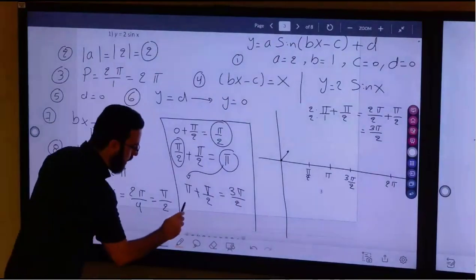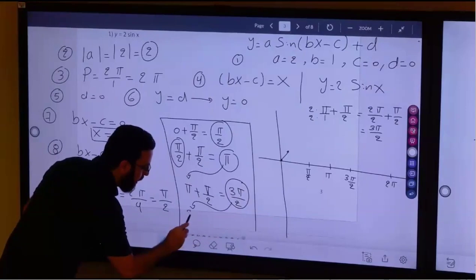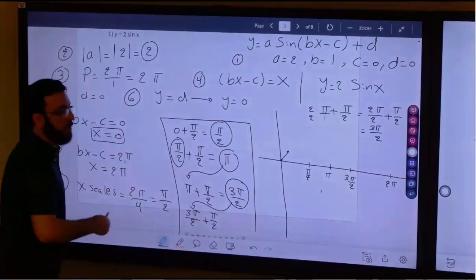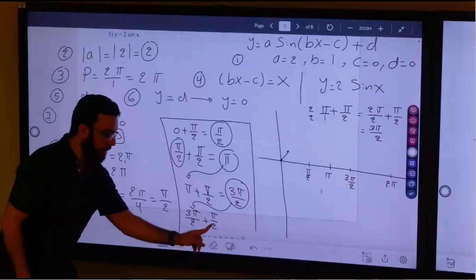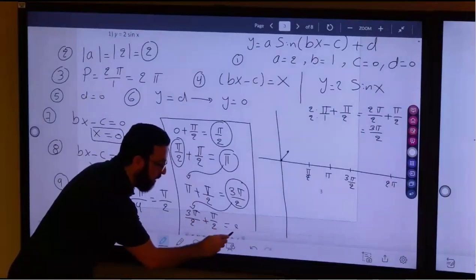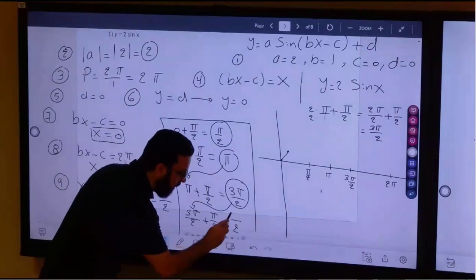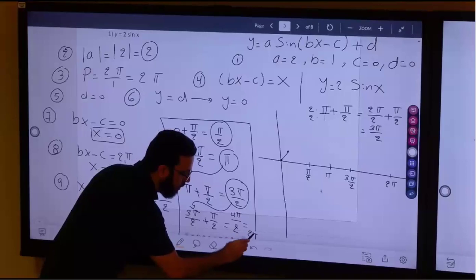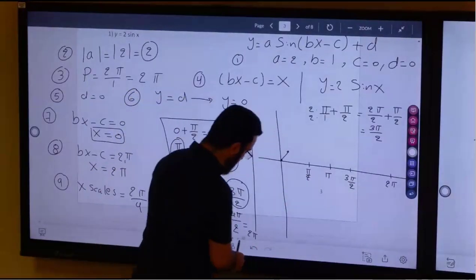Here's the new point, right? 3 pi over 2, and how much are you going to add? Pi over 2. So how much is that going to be? The same denominator, right? So it's going to be 4 pi over 2, which is equal to 2 pi. Is that the 2 pi? Yeah. So let's move this one.